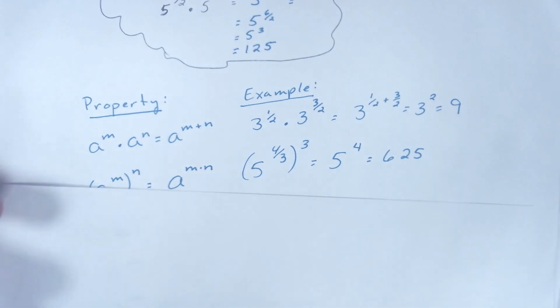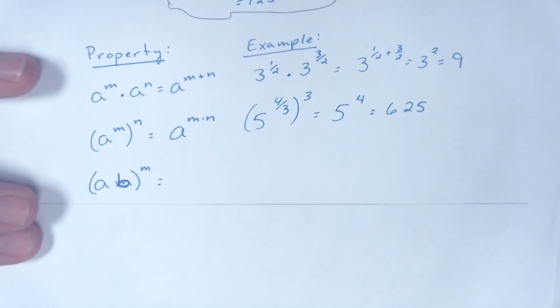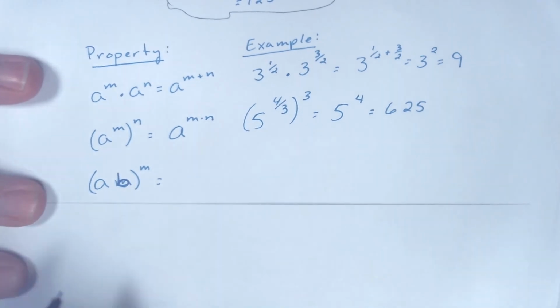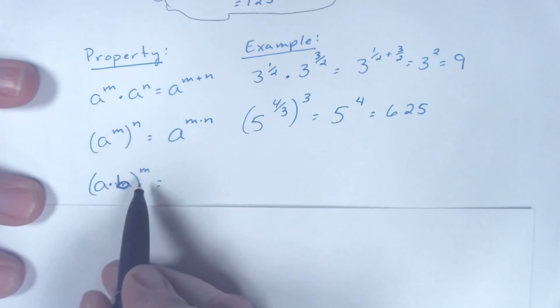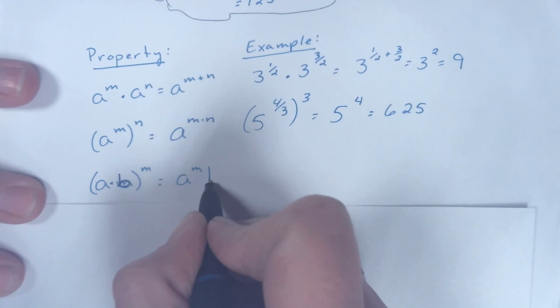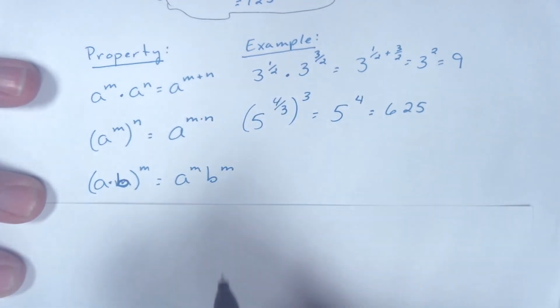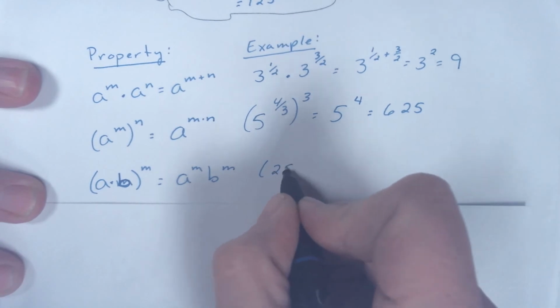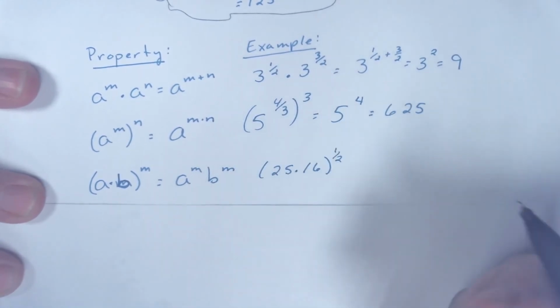Woo. Just kidding. All right, the next one, ab to the m power. Okay, when you take the product of two bases to an exponent, we can distribute that power. So it'd be a to the m times b to the m. So an example of that would be, what if I was taking 25 times 16, all that to the 1/2 power.